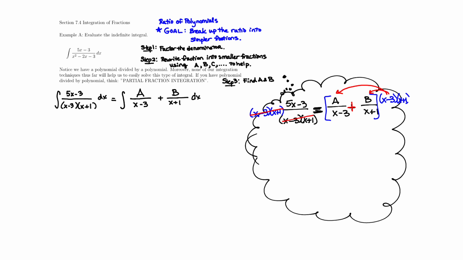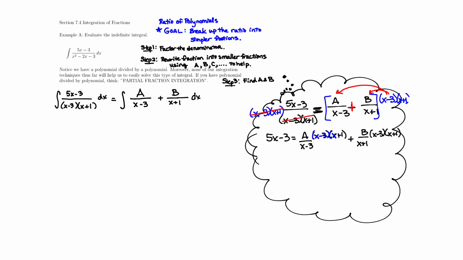Most students love algebra compared to calculus, so they're like, okay, give me some of this. This is cool. 5x minus 3 equals A over x minus 3 times x minus 3 times x plus 1, and then plus B over x plus 1 times x minus 3 times x plus 1, because I'm multiplying by x minus 3, x plus 1.